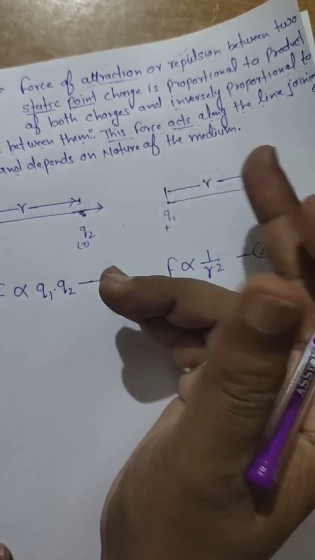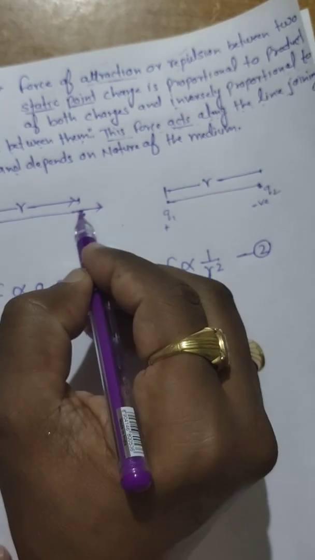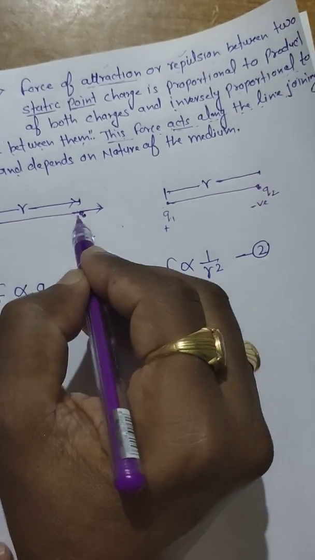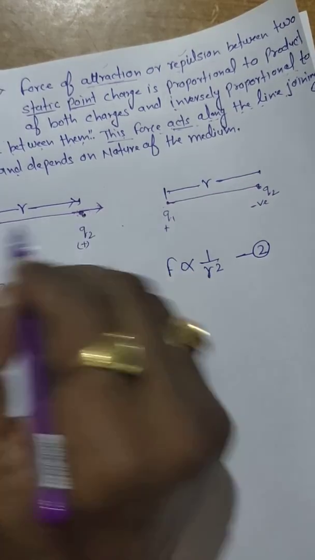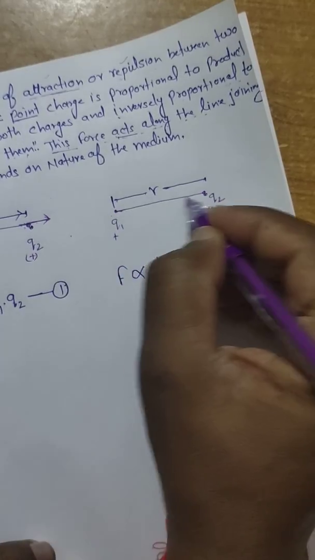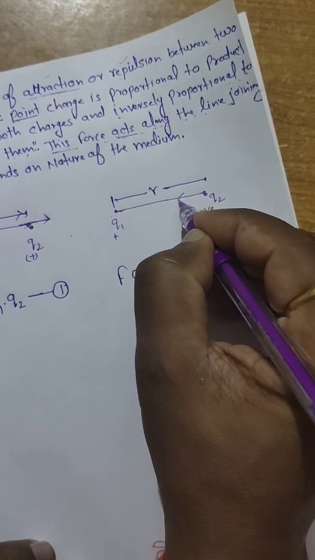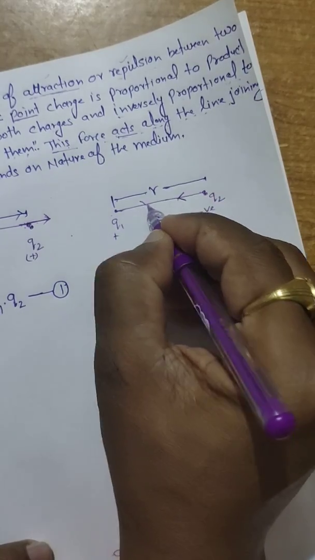It may be attractive or repulsive: if the charges are like charges, the force is repulsive, and for unlike charges the force is attractive, acting in this direction.